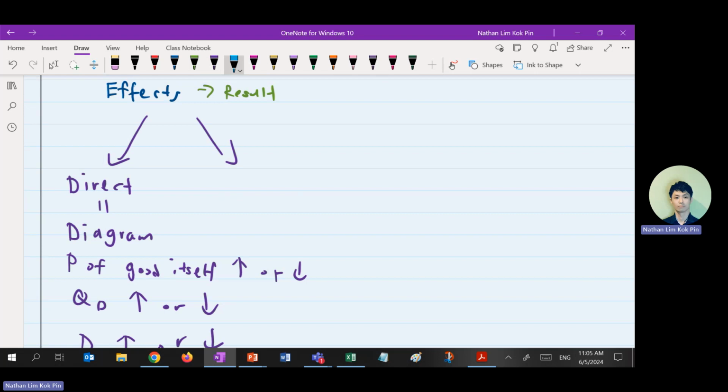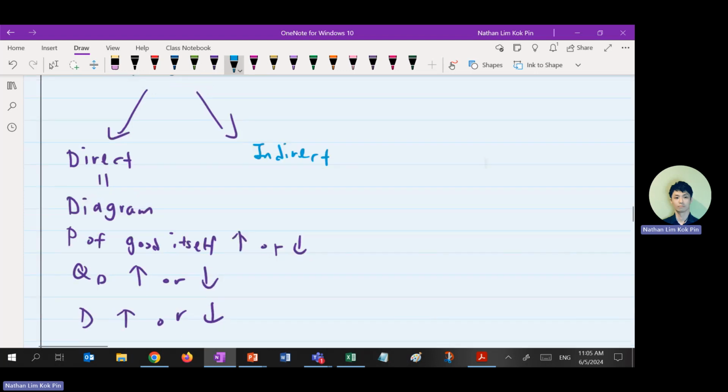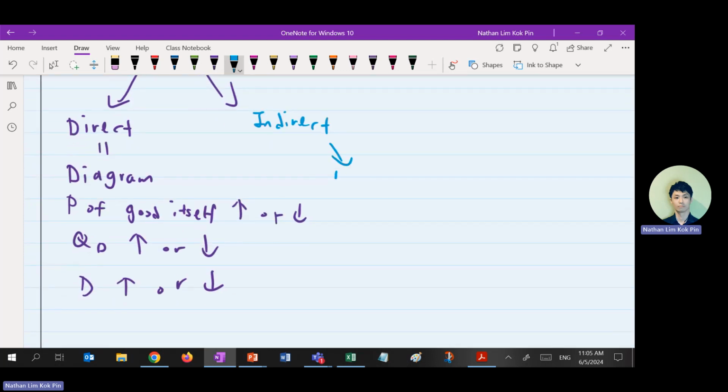Second type of effect is indirect effects. Indirect effect shows something that is not inside the question, not inside the diagram. So for this question, the AirAsia case, I already told you what is not inside the AirAsia picture or question.